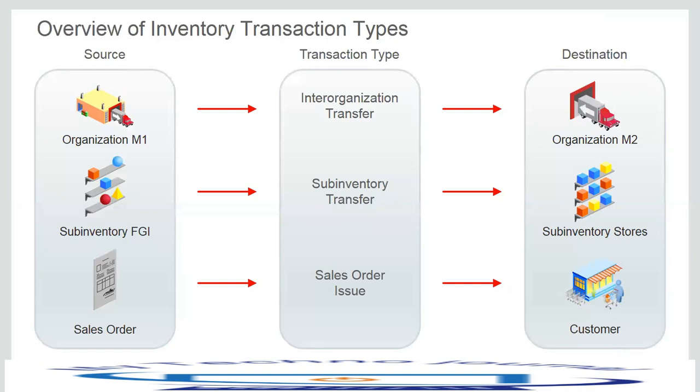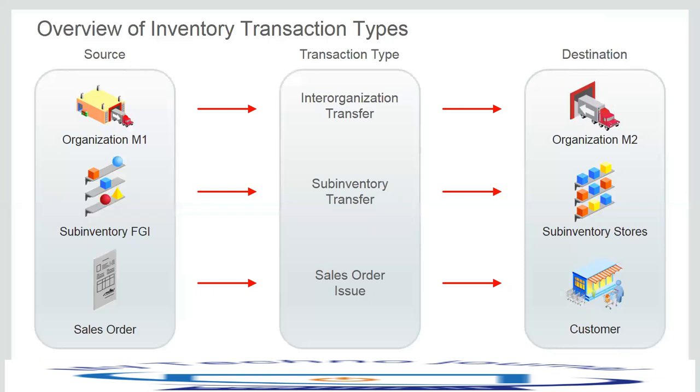In this diagram, just like in the previous slide, we have 3 examples. In the first example, there is an inter-org transfer happening from organization M1 to organization M2. The source organization is M1 and the destination organization is M2.